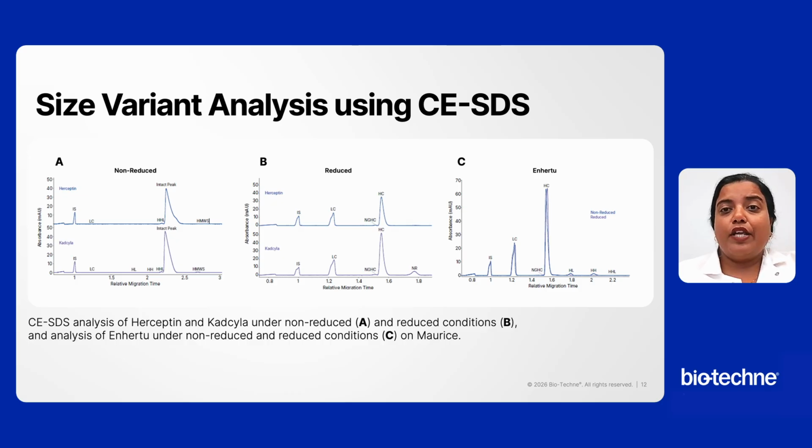Now, the high degree of comparability in the CE-SDS profile of Enhertu under reduced and non-reduced conditions is likely due to its site-specific conjugation, where drug linker molecules are attached to the hinge region cysteine groups.